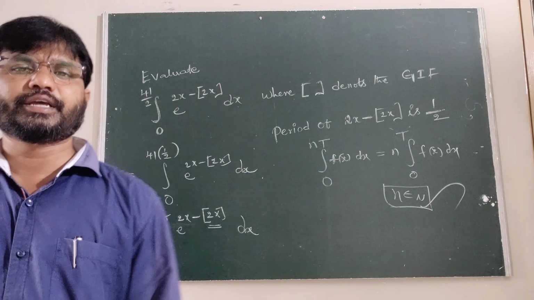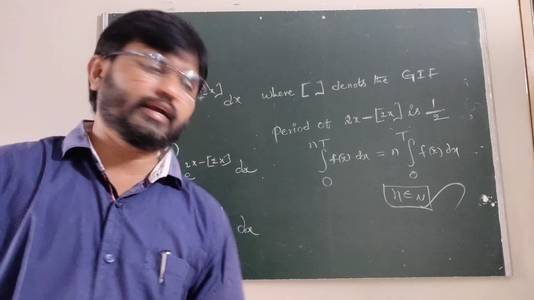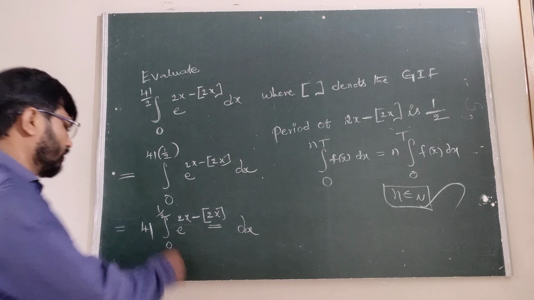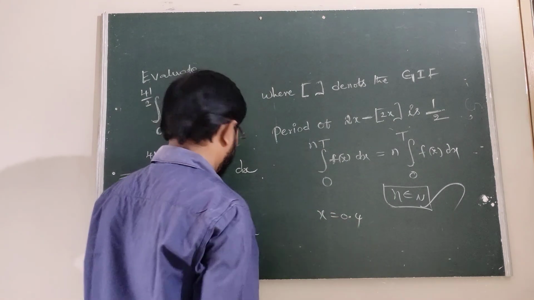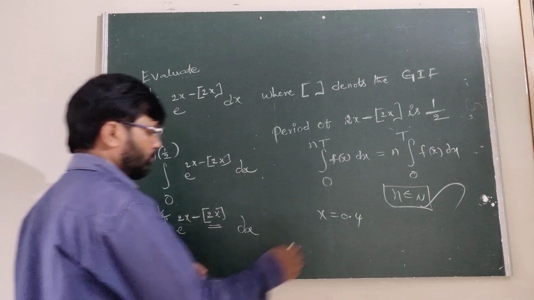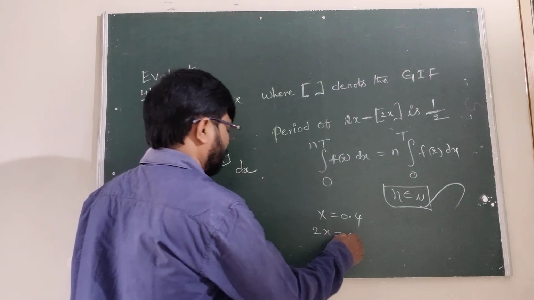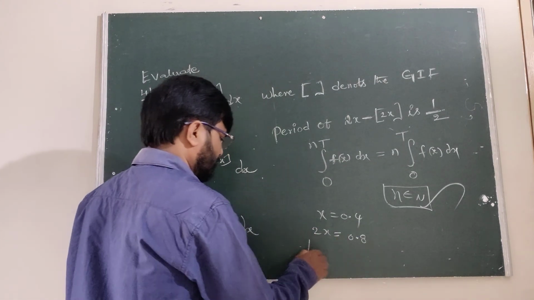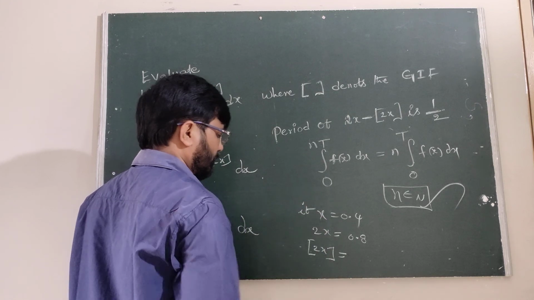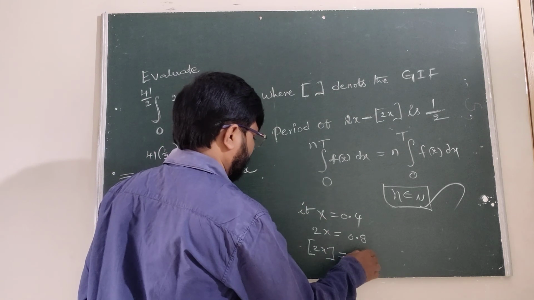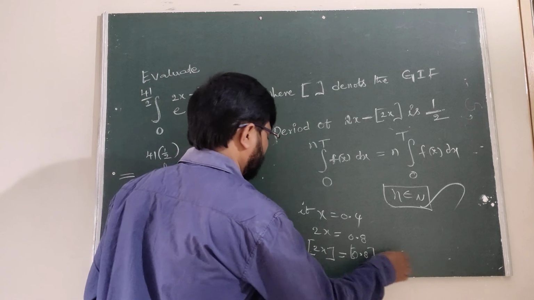We take any value between 0 and 0.5. Suppose x equals 0.4. Multiplying by 2, 2x equals 0.8. Step of 0.8 will be 0.